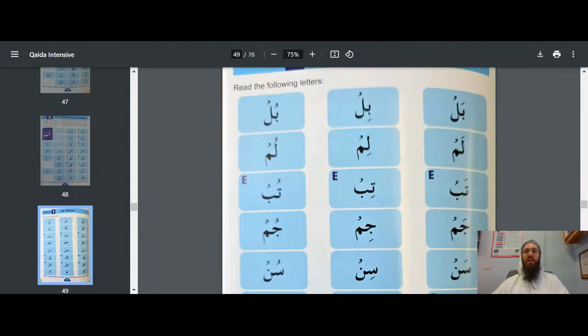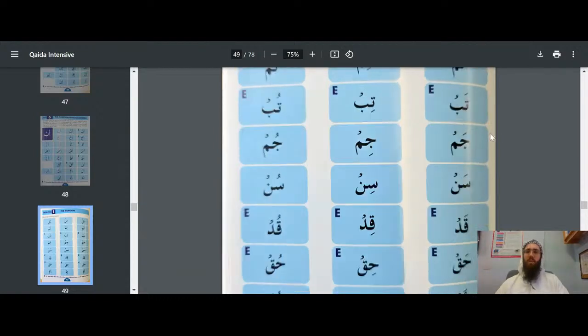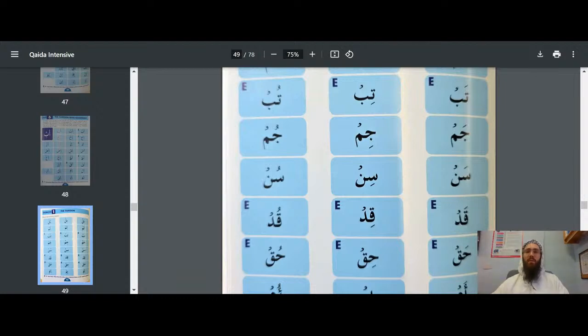Now let's look at the next line. Lam, lim, lum. Next line, tab, tib, tub. Right? Jam, jim, jum, san, sin, sun, qad, qid, qud. I'm not saying qada, right?